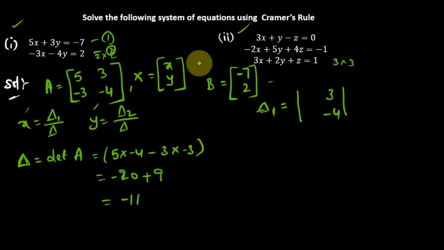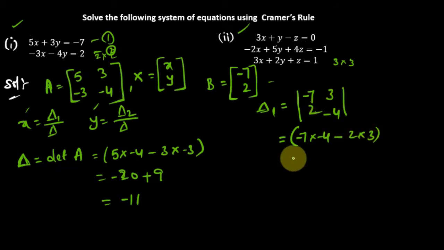The first column becomes the constant column, minus 7 and 2. Now find the determinant of this and you will get the delta 1 value. So minus 7 into minus 4 minus 2 into 3. Minus into minus is plus, 7 fours are 28, minus 2 threes are 6. So 28 minus 6 is 22.